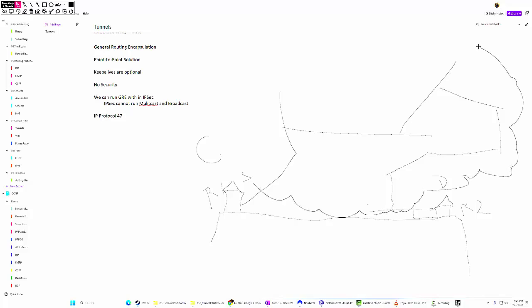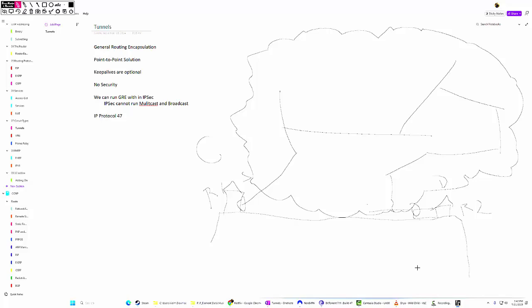So all this is happening without my ability to know or understand anything about this internet cloud. All I know is the IP address of here, and the IP address of here.